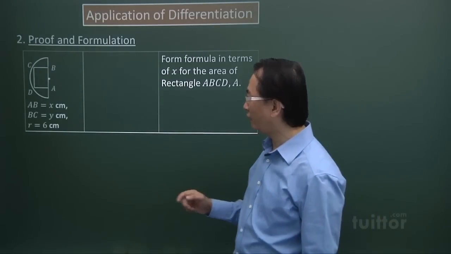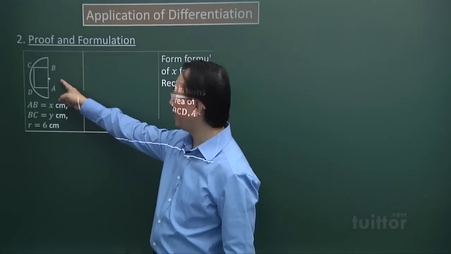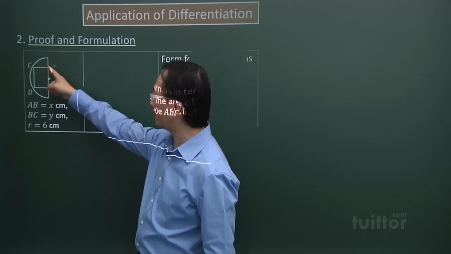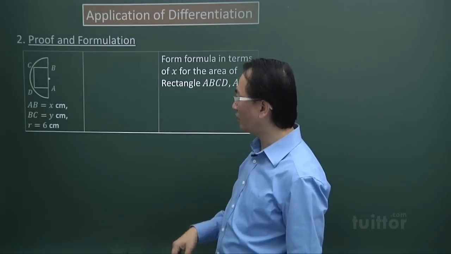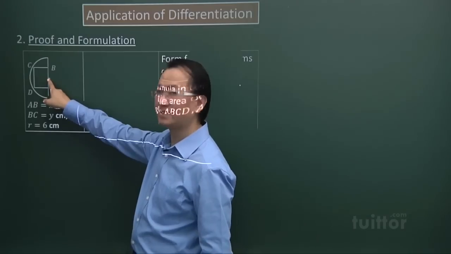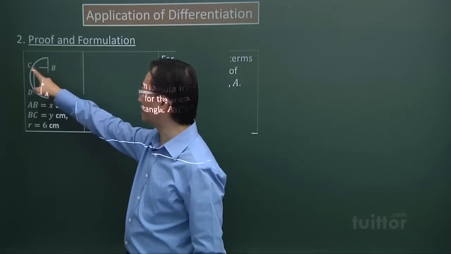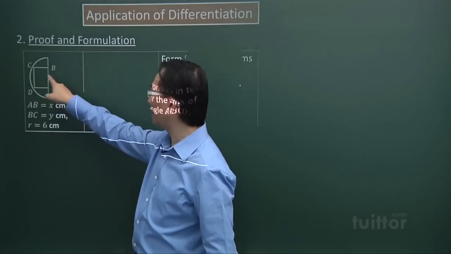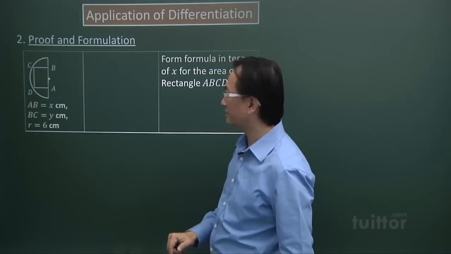So we have AB equals to x cm and BC, which is the width of the rectangle, y cm, and the radius, well, is 6 cm. So it can be this point, the center of the semicircle, or center of the circle if you complete the semicircle into a circle. That point to C is 6.